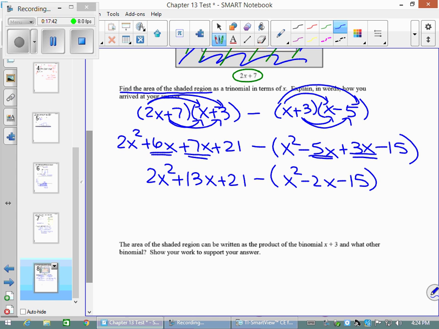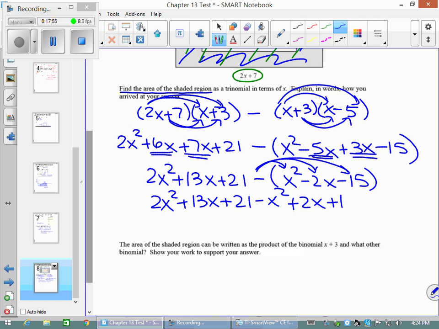So I have 2x squared plus 13x plus 21 minus x squared plus 2x plus 15, and I'm going to combine like terms, so I should be left with 1x squared plus 15x plus 36. So that is the trinomial in simplest form that is representing the area of my shaded region.